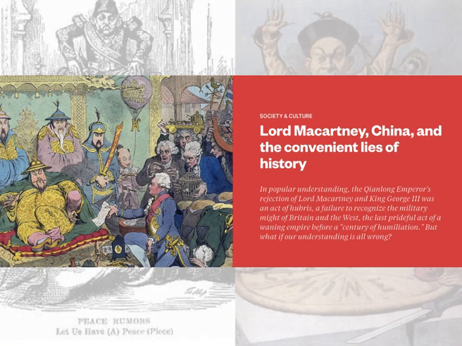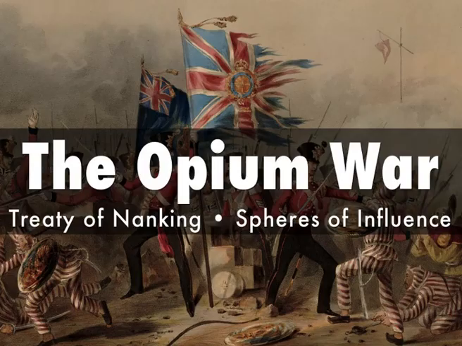Rather, we should look at it as the Chinese not necessarily wanting British goods because they had everything that they already needed. China has all in abundance. Britain getting mad and then needing to figure out a way to force themselves into China. Now, what they end up doing is they need to find something that China wants because China has the bulk of the world's money, because Britain bought a stupid amount of tea. And as a result of that, the British stumble upon opium, which they start selling to China in large, large numbers.